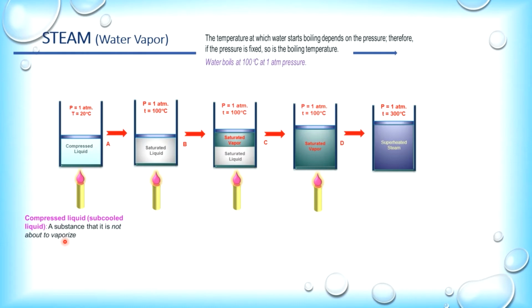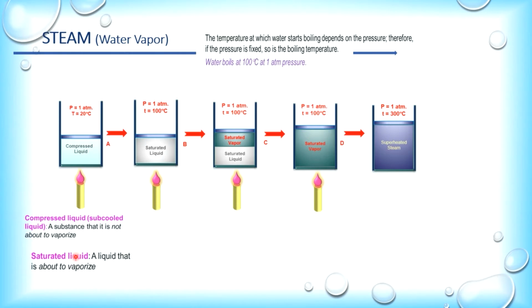Any liquid or any water that you take from the tap at your house is called compressed liquid. Then you have saturated liquid, a liquid that is about to vaporize, or we can call it boiling liquid.